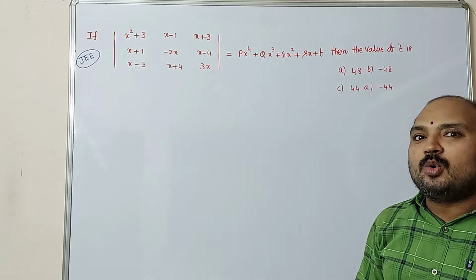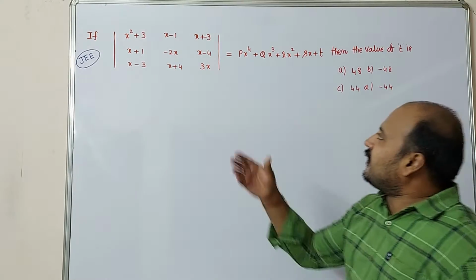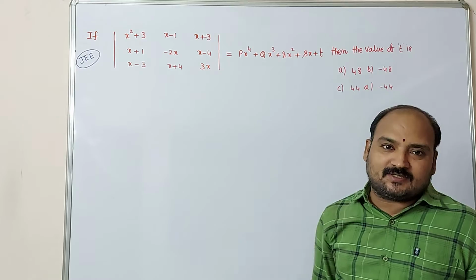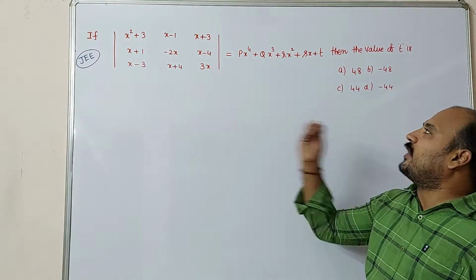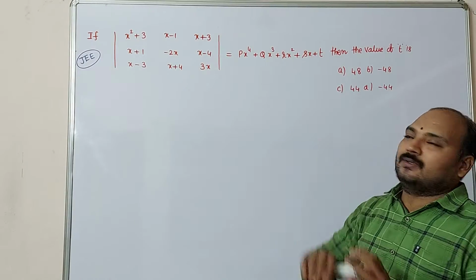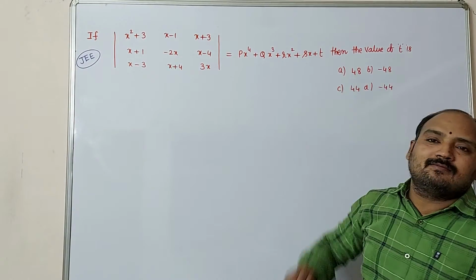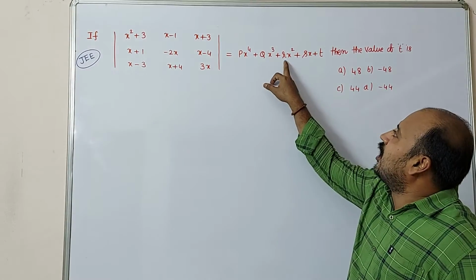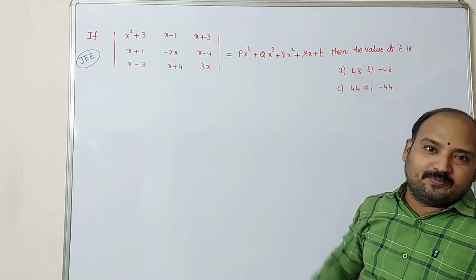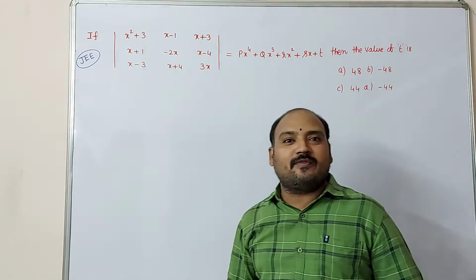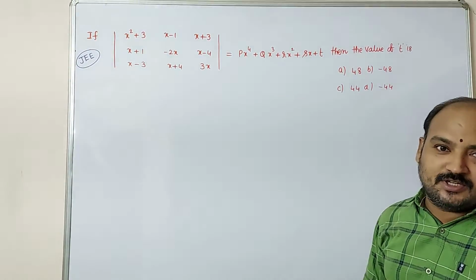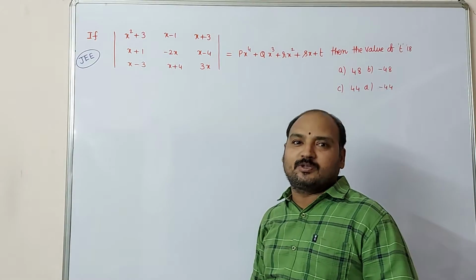That time, differentiate both sides with respect to x, and after that put x equal to 0. Then you will get the answer for s. If they are asking the r value, you have to differentiate two times and put x equal to 0. These types of problems are very, very important. Keep concentrating on that. Especially EAMCET also we may expect.